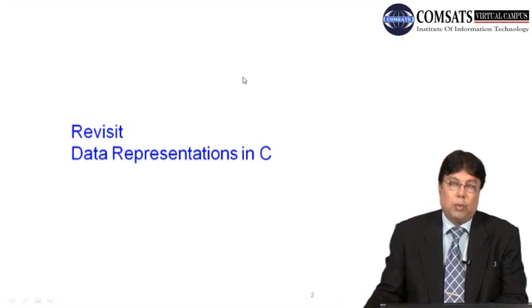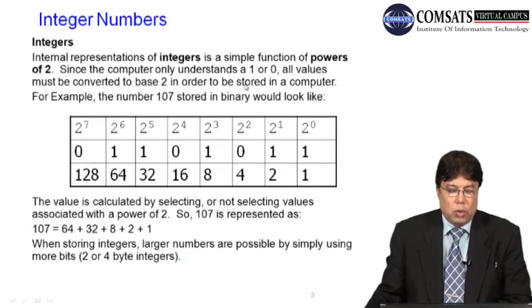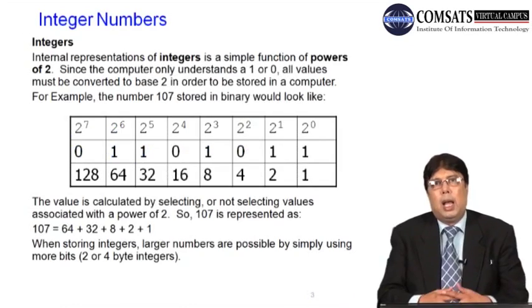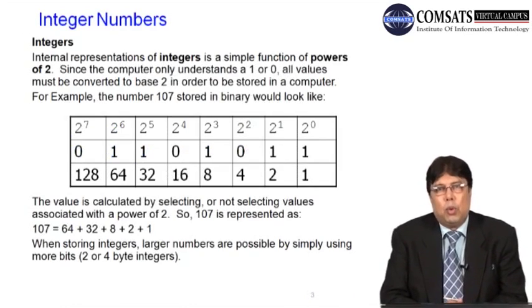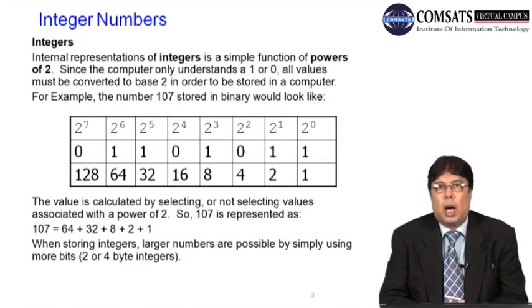So before we conclude, it's very important that we discuss the internal representation of some very simple and the most fundamental data types, which are integers, float, and double. Any number that is stored in the computer is automatically first converted into the binary number system.